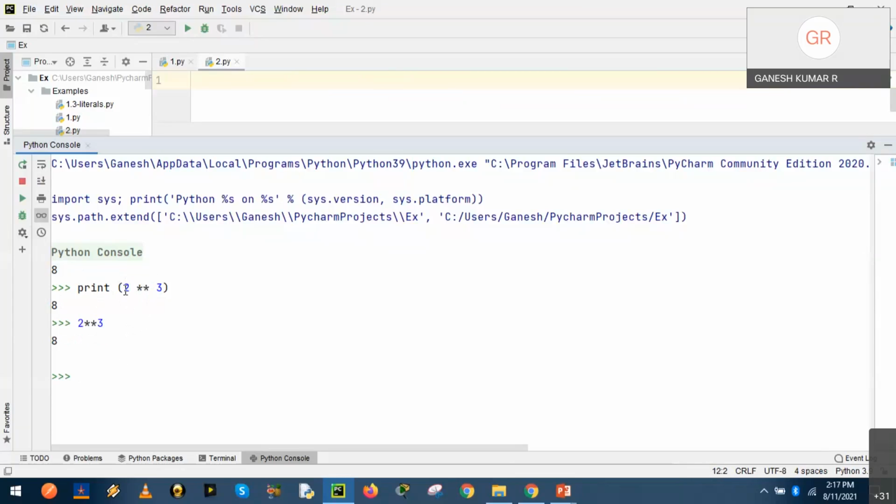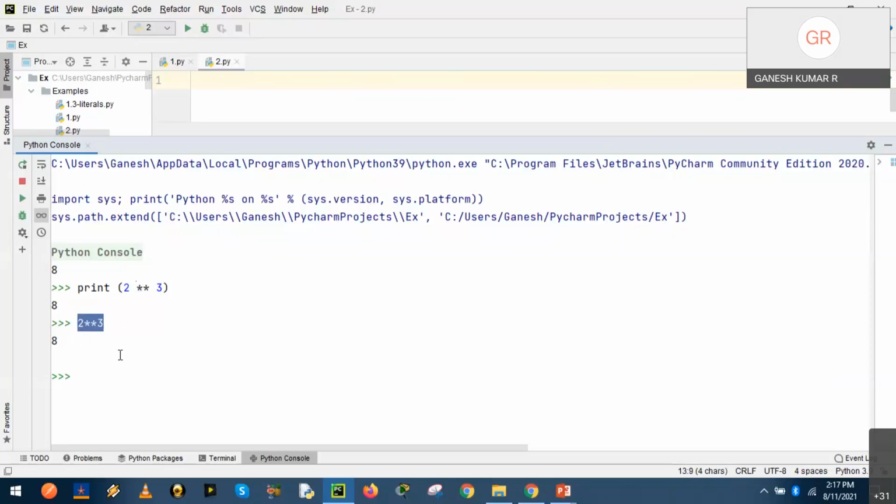To make it nice to read and improve the readability of the code, it is a best practice to leave a blank space appropriately before and after every operator. If we don't, looking at 2 power 3 and 2 with a gap of a space, we'll have a lot of difference.